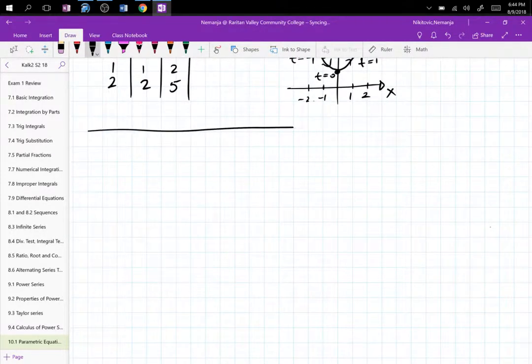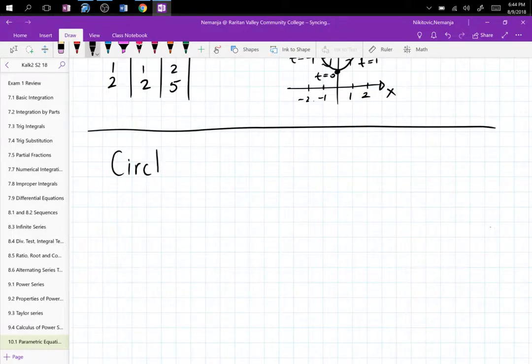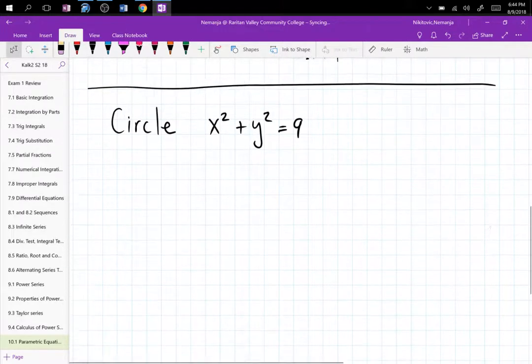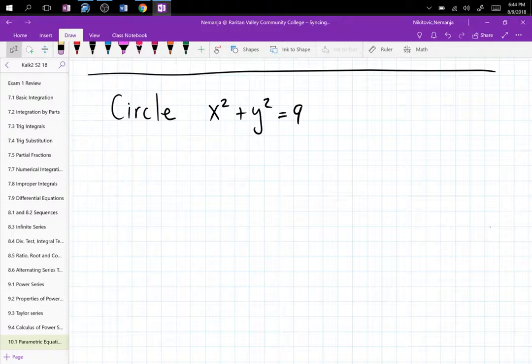So we start over here with saying, let's take a look at a circle. Equation x squared plus y squared equals 9. We know this is a circle of radius 3.